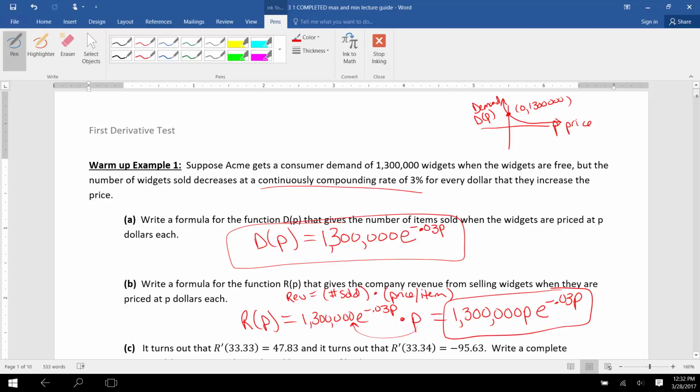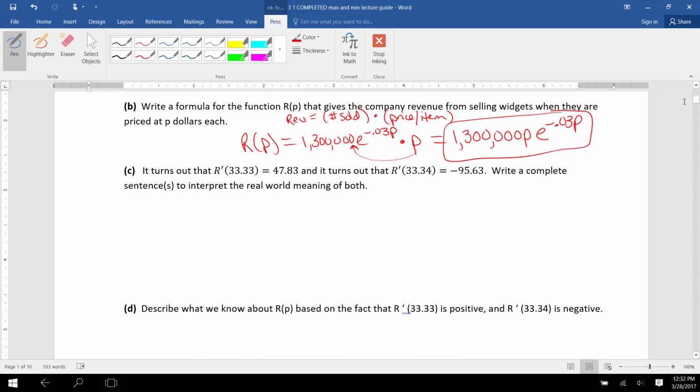All right, so we have a revenue function, and it says here R prime of 33.33 is 47.83, and R prime of 33.34 is negative 95.63. It says write a complete sentence to interpret the real-world meaning of both.